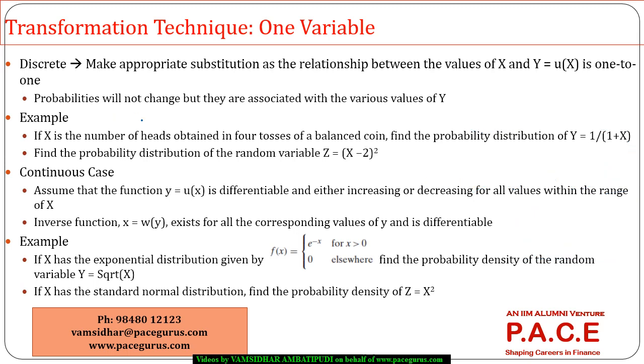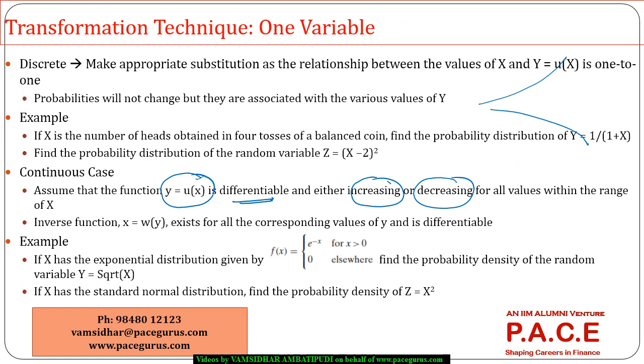Whereas when you come to the continuous case, it assumes that the function y equal to u of x, whatever is the function of the random variable that we are taking, the transformation technique simply assumes that it is differentiable, and at the same time it is either a continuously increasing function or a decreasing function. It should be either an increasing function or a decreasing function for all the values within the range.